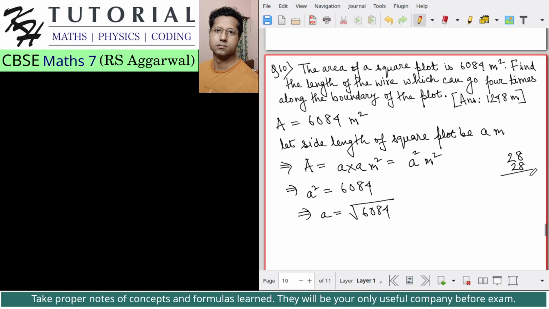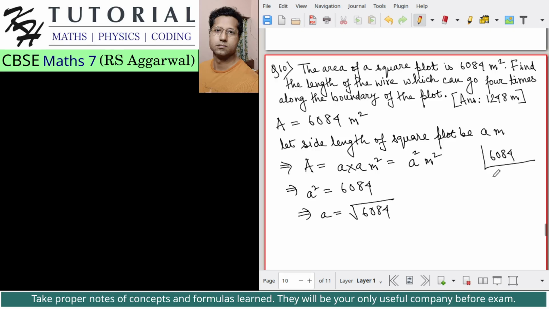I'm just checking. 64, 16, 22, 16 to the 4, and oh no, this is 6084. No, it cannot be this small. It cannot be 28. So this kind of computation you must be very fast in doing. That is, what will be the square root of 6084? You can either do prime factorization or you can also do the division method.